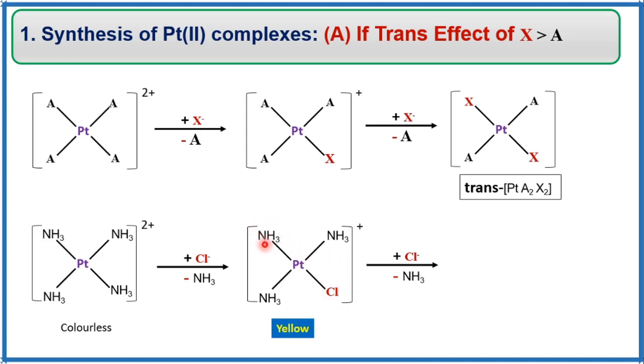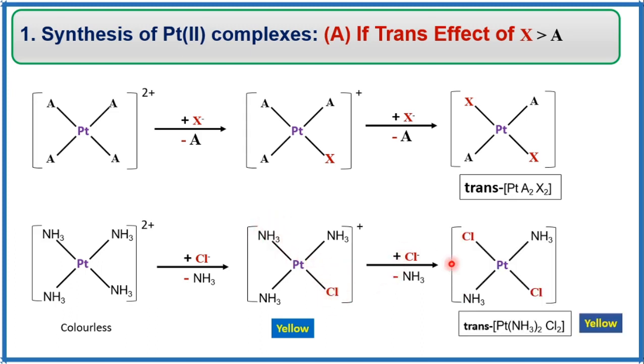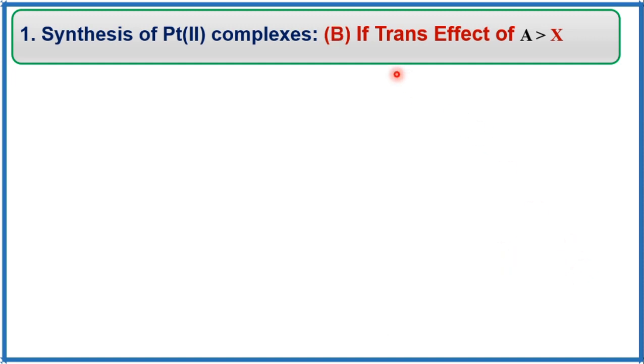Therefore, the ammonia molecule which is present trans to this chloro will be replaced by another chloro. So we will get a trans complex. The yellow color formation in the second and third steps indicates the formation of the trans dichloro complex here. And the second case is if the trans effect of A is greater than X.